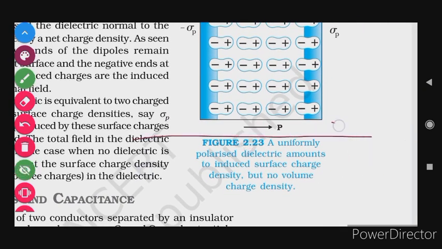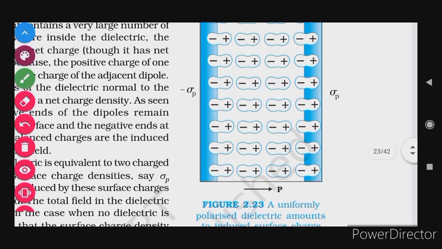Okay, the direction of the electric field is like this, the opposition is like this, but the induced electric field is less. You can see the reason, because it is only due to the charges on the ends. Okay, and their number is very less. As you can compare, if all the charges are moved, that is in the case of a conductor, then the electric field will be very strong.